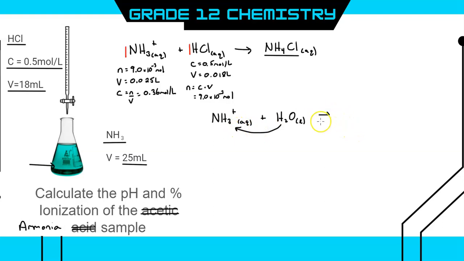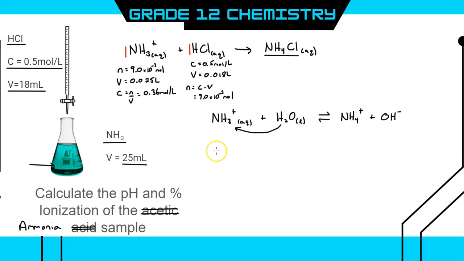Now, this does not go to completion. It's a weak base, so it's an equilibrium. And we end up with ammonium plus hydroxide. Okay, so that hydroxide concentration is what we want to go for if we want to figure out the pH.